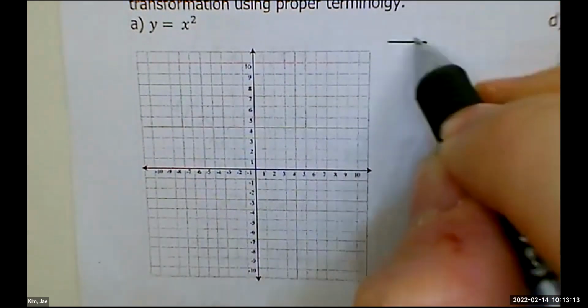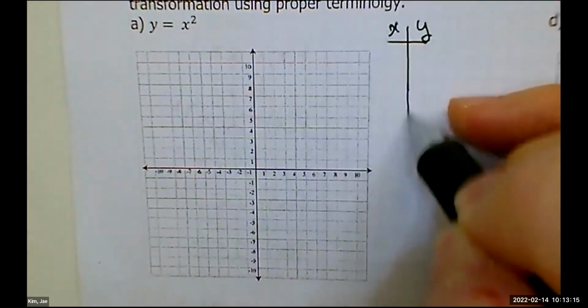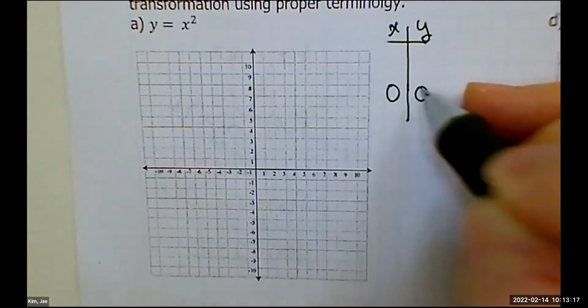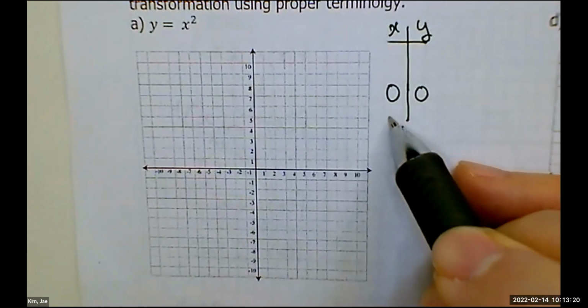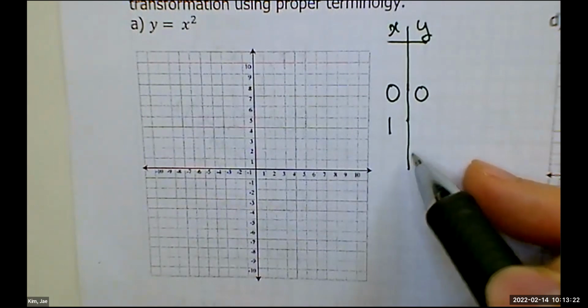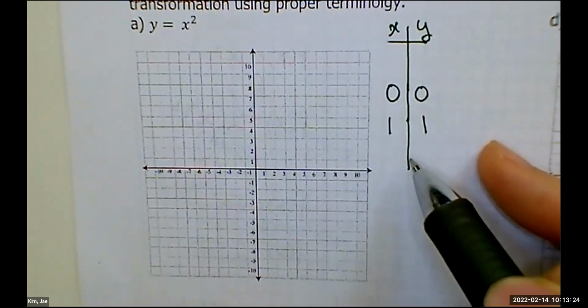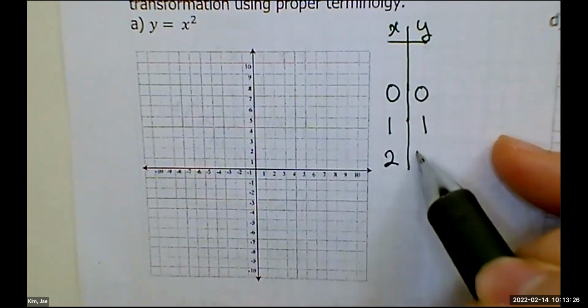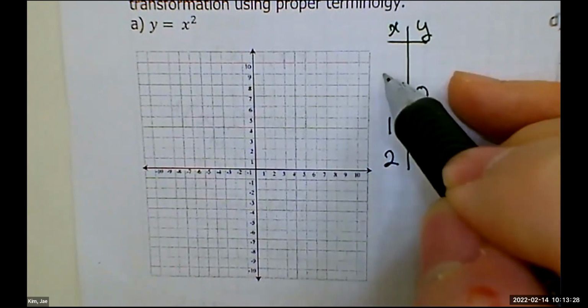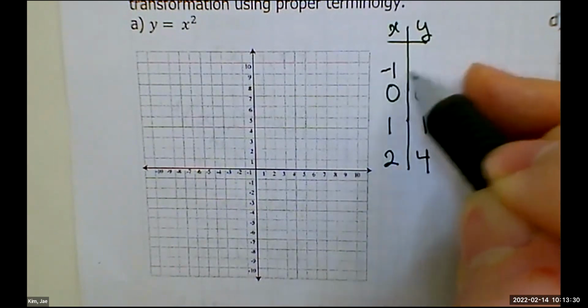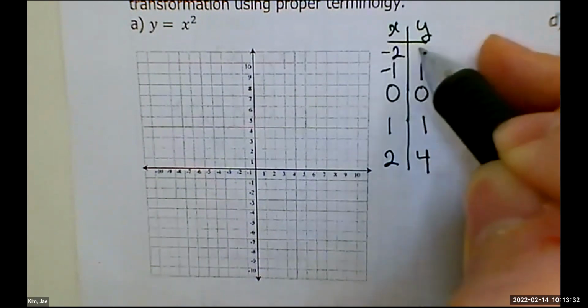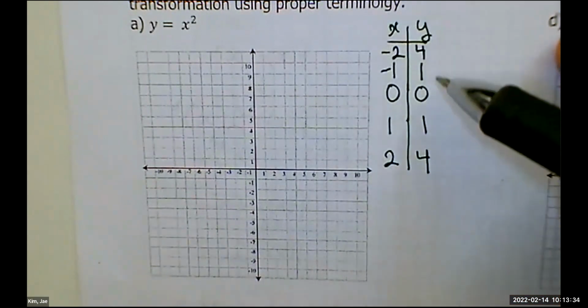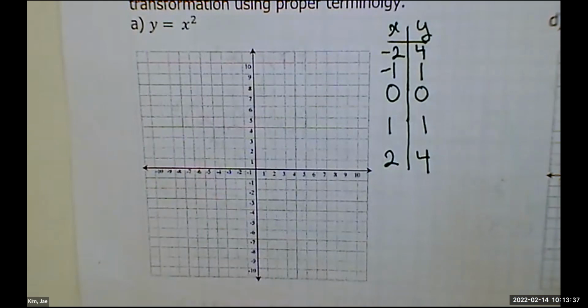If x was a 0, 0 squared is a 0. If x is a 1, 1 squared is 1. If x is a 2, 2 squared is 4. And the same thing with -1. -1 times itself is a +1. -2 times itself is a positive. 0, 1s, and 4s. You already know.